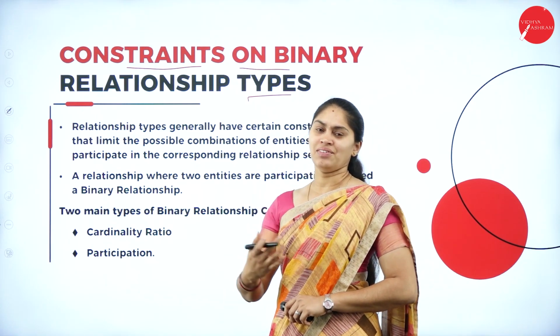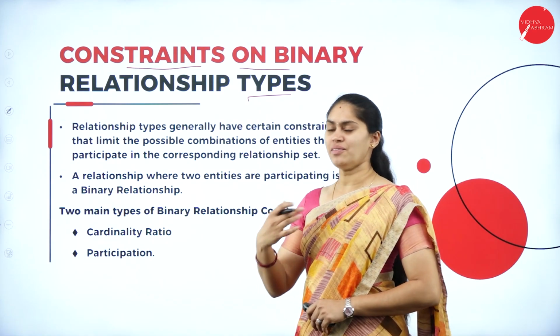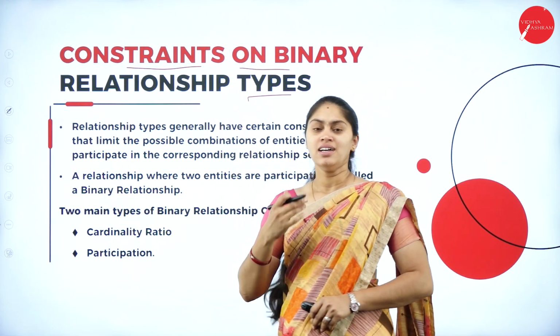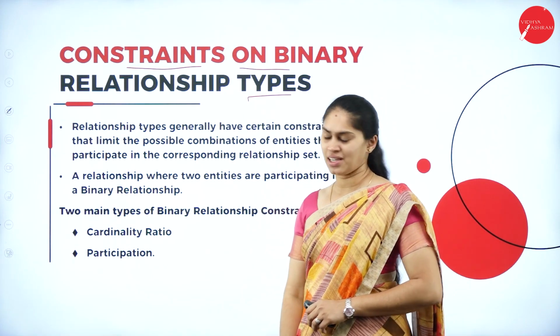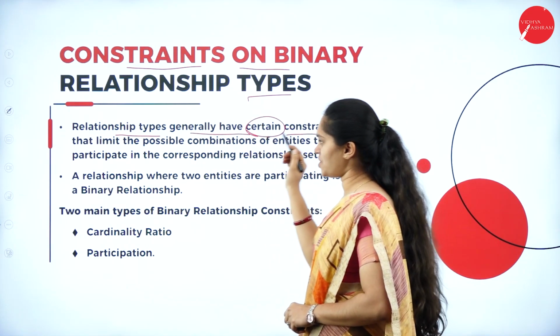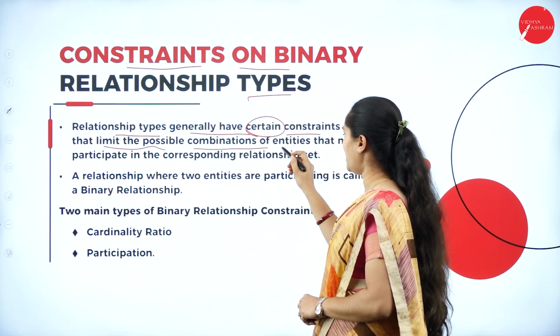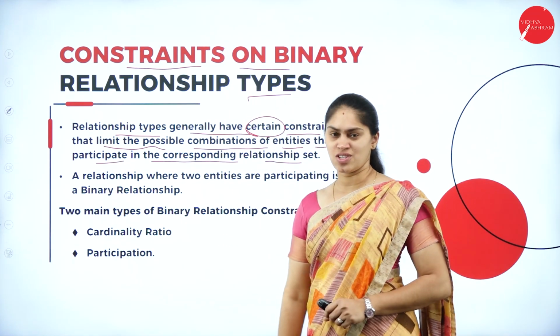In this we are mainly concentrating on binary relationship types. So here we have certain constraints, that means certain restrictions or limitations. The relationship types generally have a certain constraint that limits the possible combination of an entity that may participate in the corresponding relationship set.